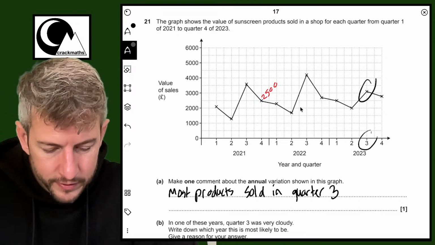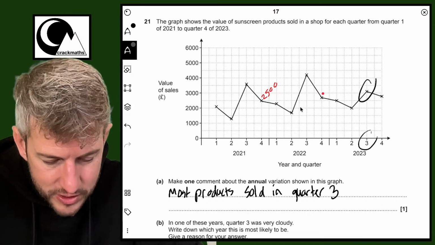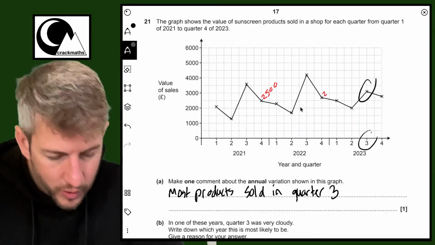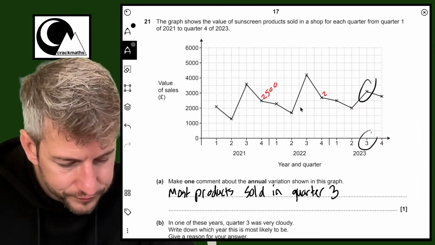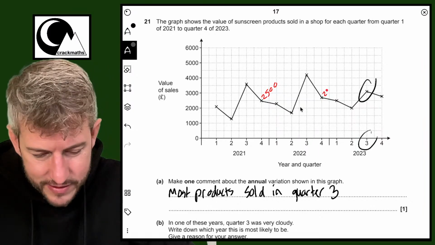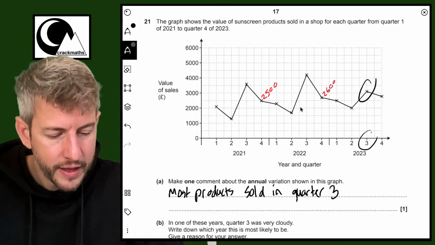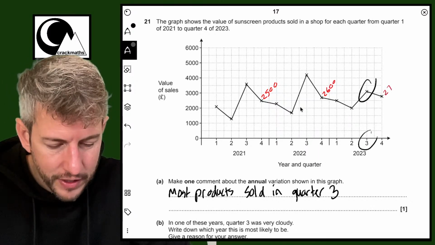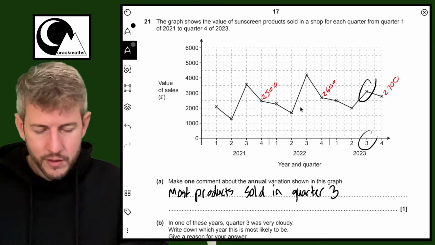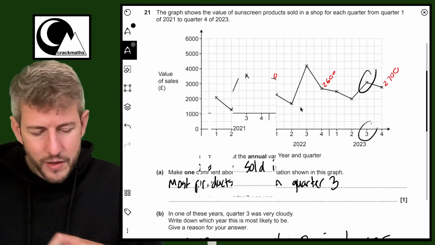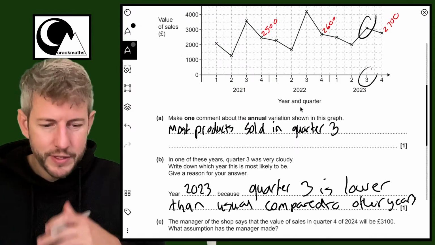Quarter 4 here is at, let's call that 2,600. Or maybe it's 2,700, I don't know. No, I think it looks like 2,600. Okay, let's say this one's 2,700. He reckons it's going to be 3,100.